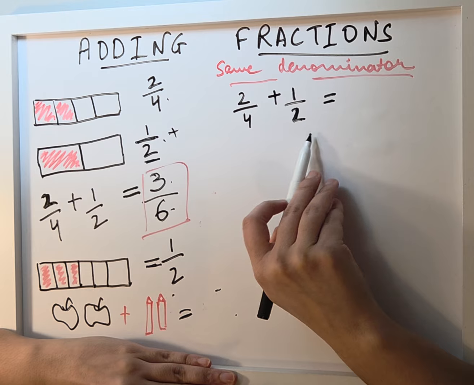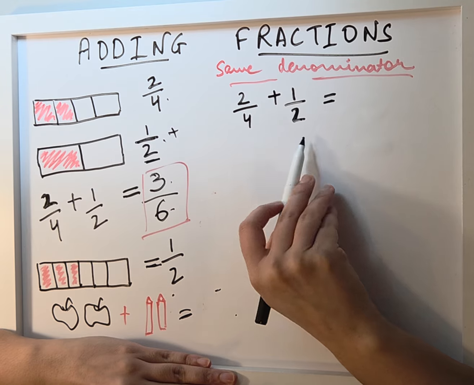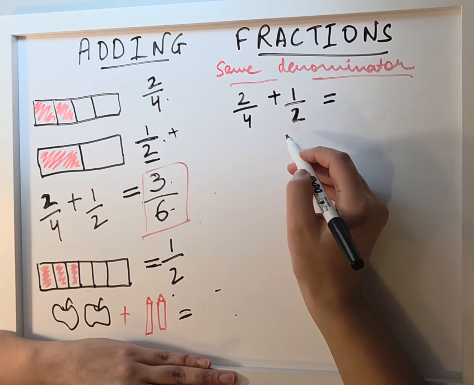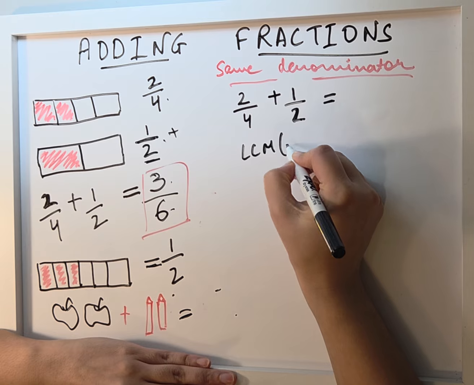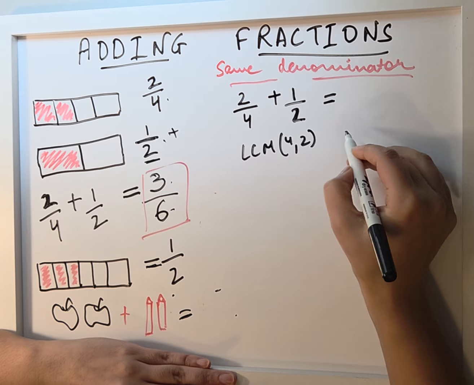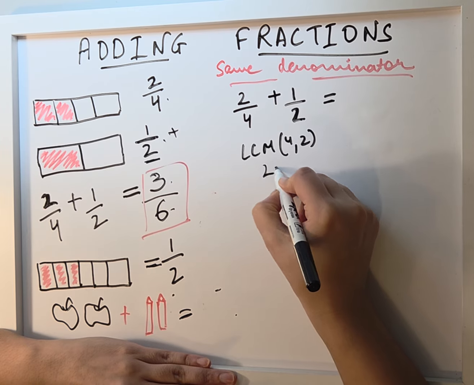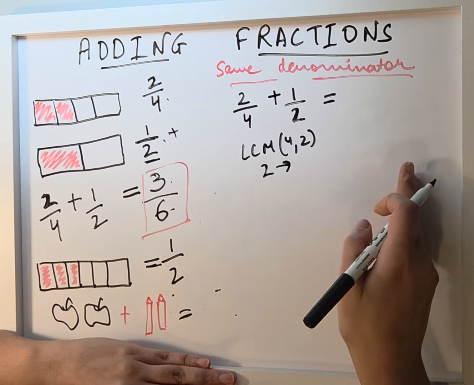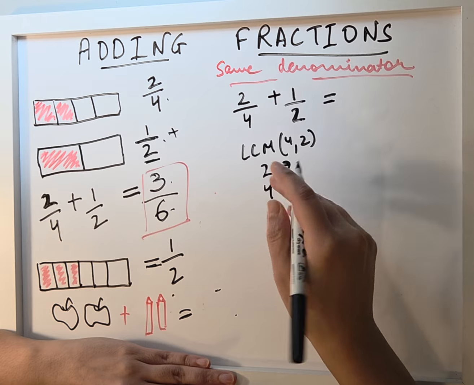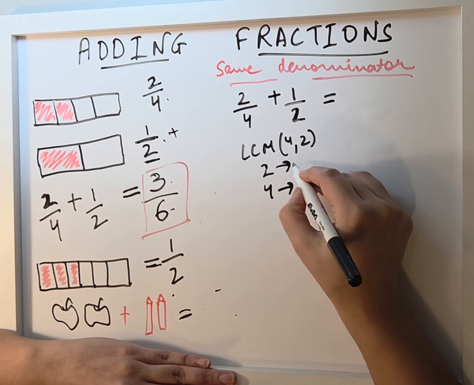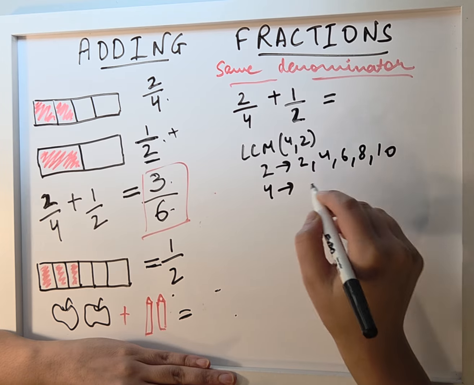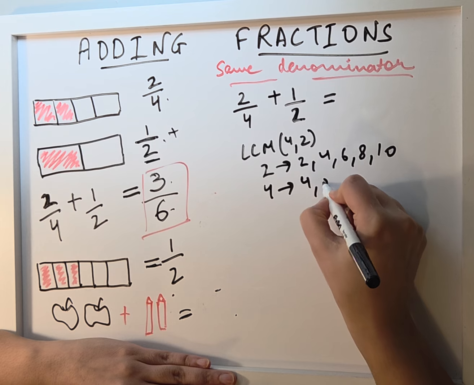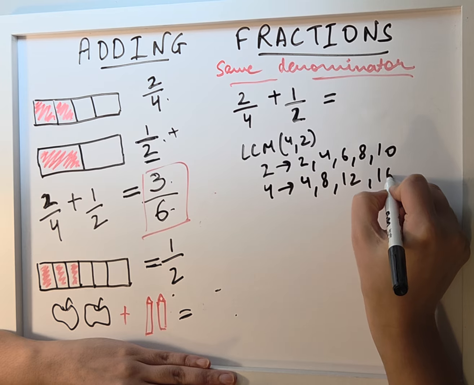So how do we make equal denominators? We try to find the LCM of 4 and 2. We write first 4 or 5 multiples of each number. For 2 we have 2, 4, 6, 8, 10, and for 4 we have 4, 8, 12, 16.